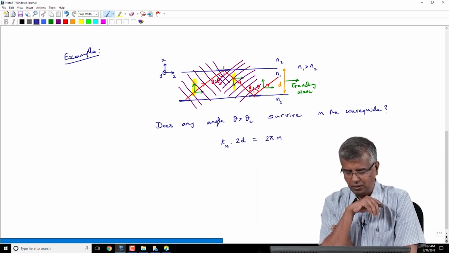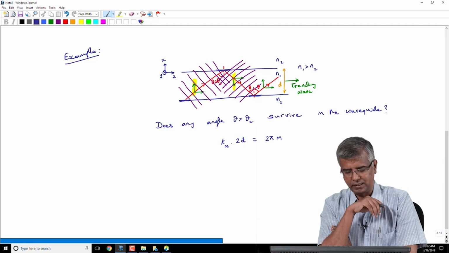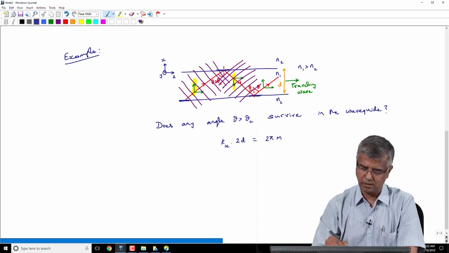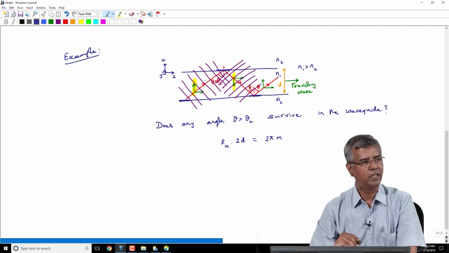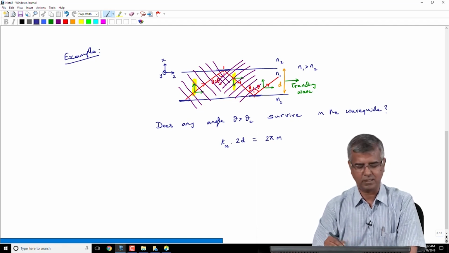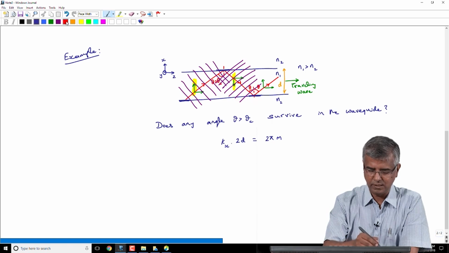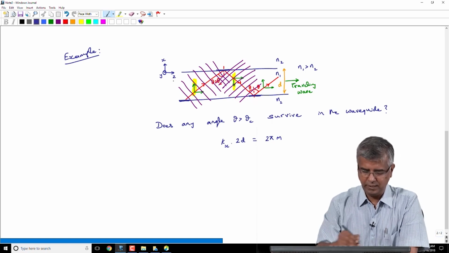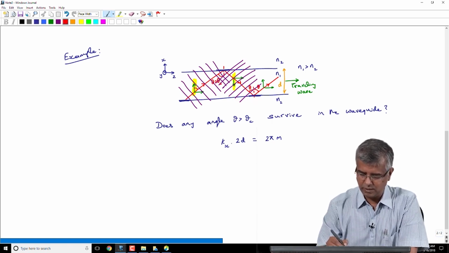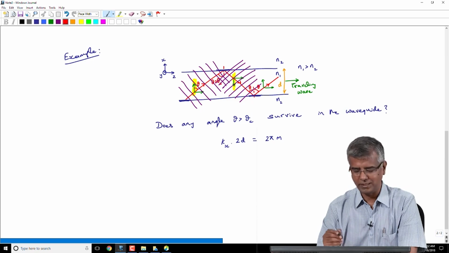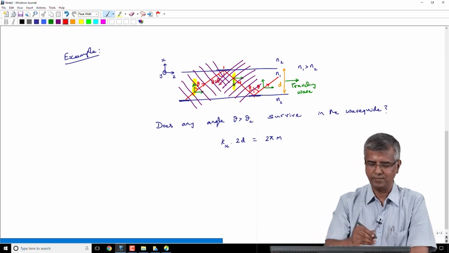Now, if I were to write kx in terms of k, let us say k represents this direction of the wave vector that's going. So, if this is k, what is kx? If this is theta, this angle, what is this angle? That is also theta. So, what is kx in terms of k?